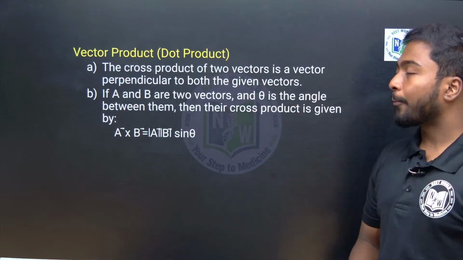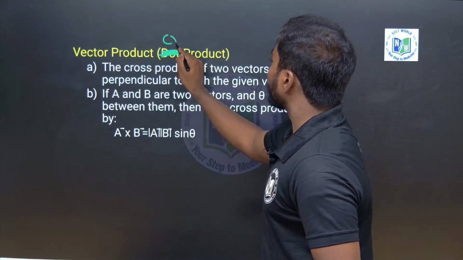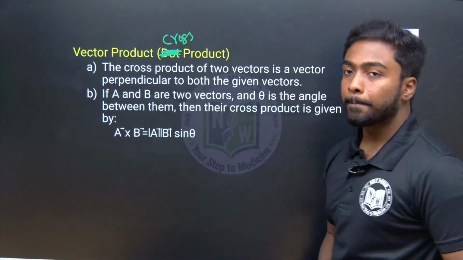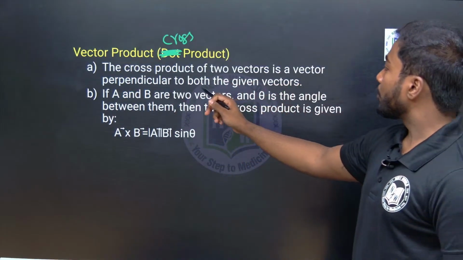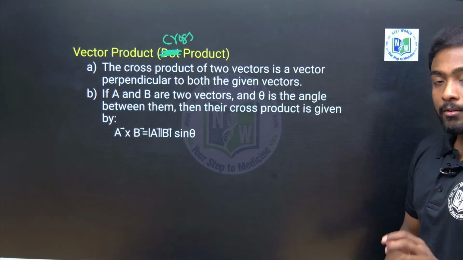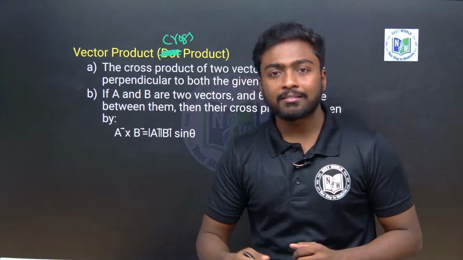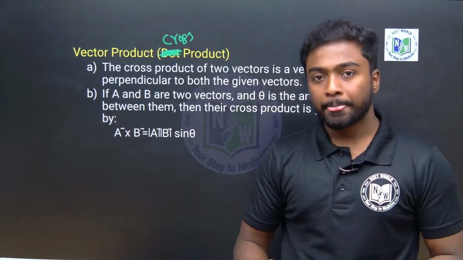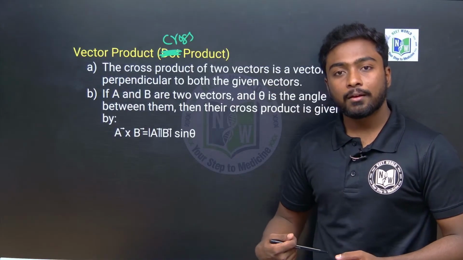Next one, a vector product. This is a cross product, it is not a dot product. The cross product of two vectors is a vector perpendicular to both of the given vectors. Whenever we take a cross product, the resultant will be a vector only. When I take a dot product, it is a scalar.